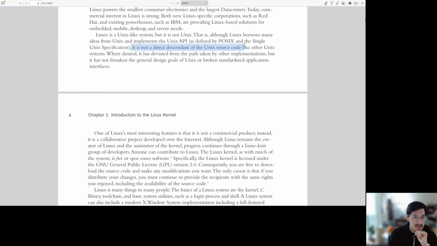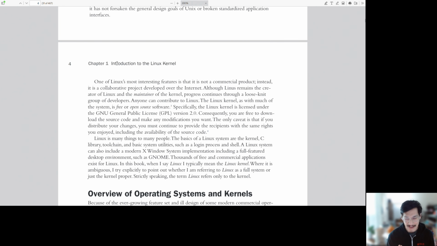Where desired, it has deviated from the path taken by other implementations, but it has not forsaken the general design goals of Unix or broken standardized application interfaces. Okay, so it tries its best to be kind of like Unix, but it's not restricted to being Unix because it's not Unix. So yeah, so think of it like they just diverge.